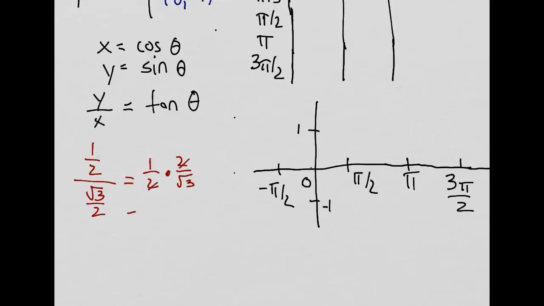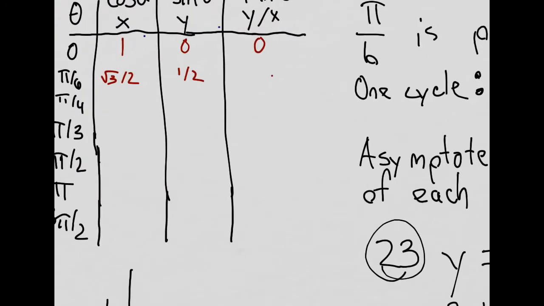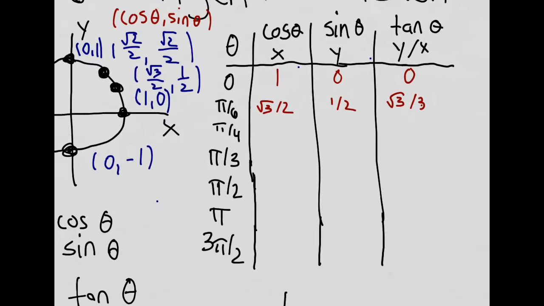The 2's cancel, 1 over the square root of 3. Now, you don't want to leave radicals in the bottom, so multiply top and bottom by a square root of 3. And so ultimately, that is square root of 3 over 3. And that's the hardest one. The rest of them are easier than this. All right, so that's the square root of 3 over 3 for pi over 6, 30 degrees.